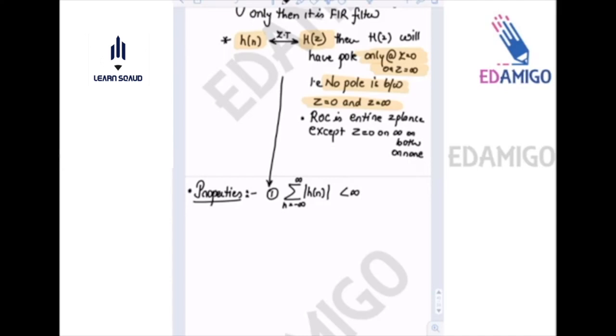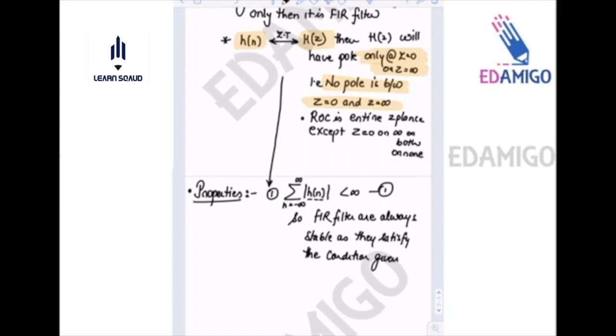Since for an FIR filter h[n] is non-zero only for a few values of n, FIR filters are always stable, as they satisfy the condition given in equation number 1.